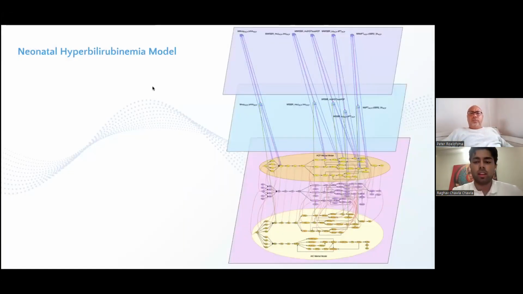And then we have the neonatal hyperbilirubinemia model. We again have making sure that the jaundice is visually observed, that the neonate is transferred to maternal care once phototherapy is stopped. Making sure that phototherapy is stopped on time and it's not prolonged.